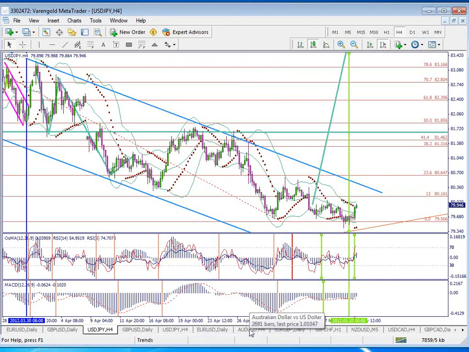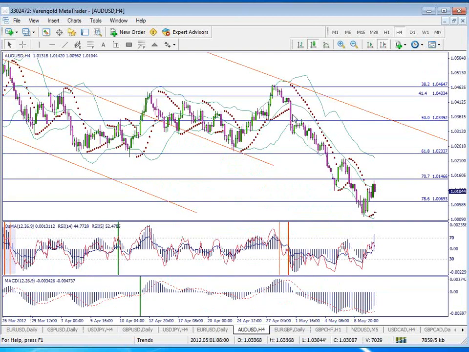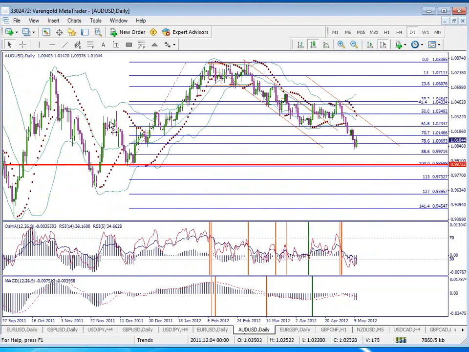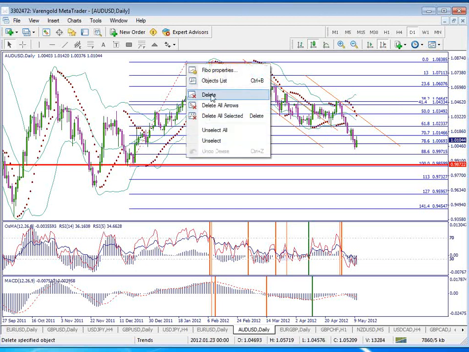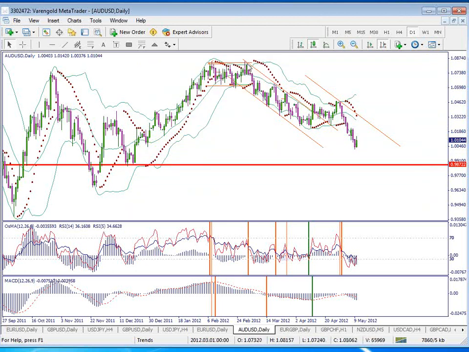Okay, also let's see on AUD what the situation is. So they just translated the channel. It was one reverse up to, I will delete this Fibonacci.